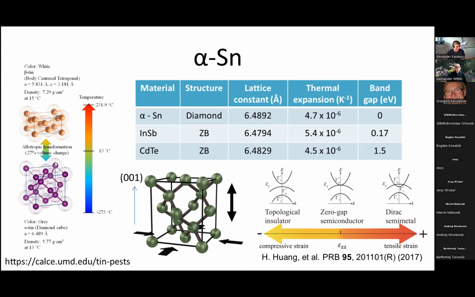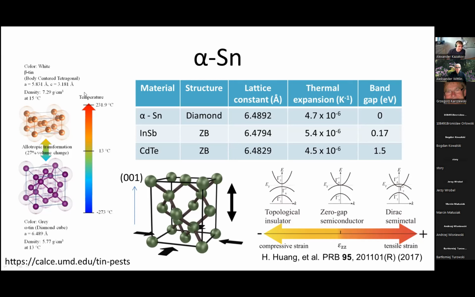And the low temperature phase is alpha tin, which has a slightly grayish color, which is why it is sometimes called gray tin. The transformation occurs a little bit lower than room temperature, around 13 Celsius.